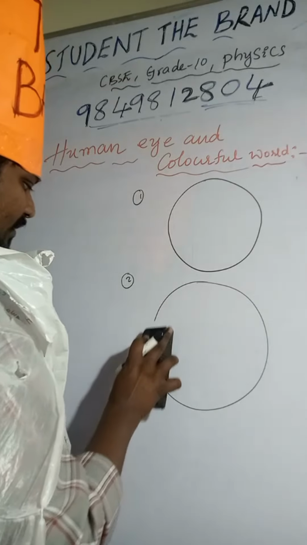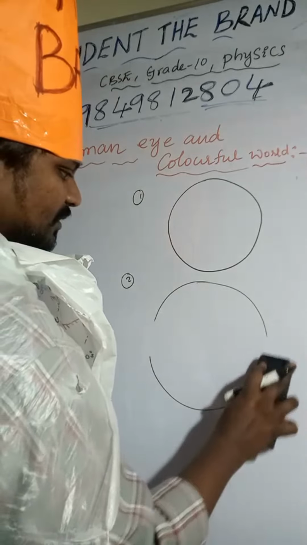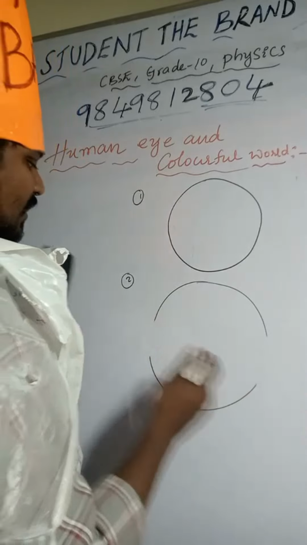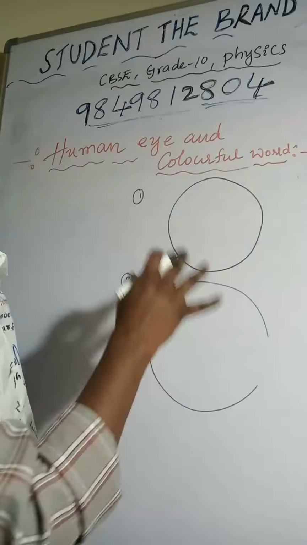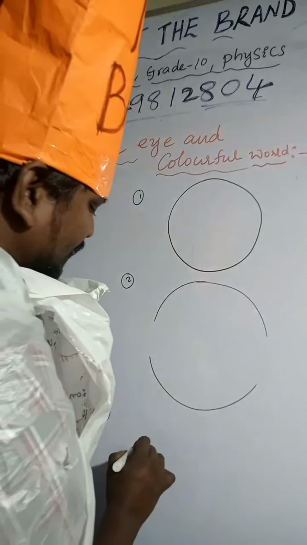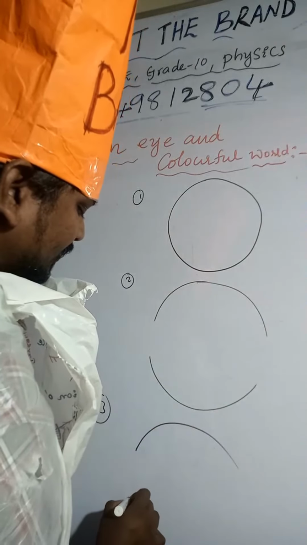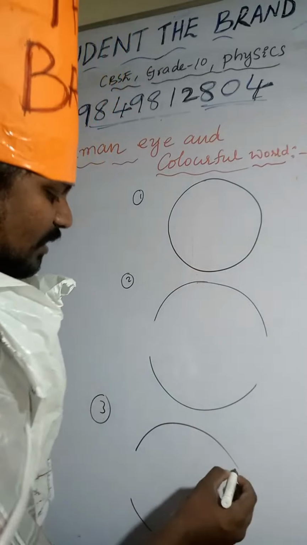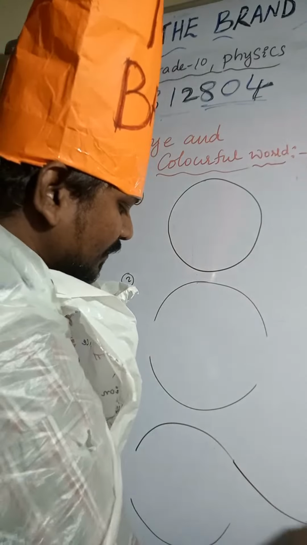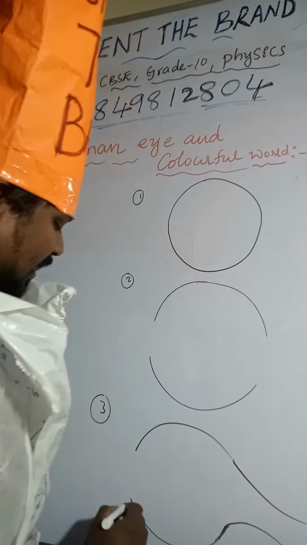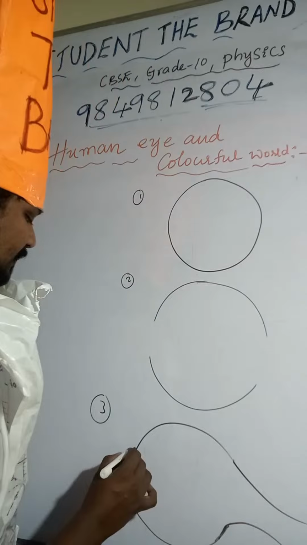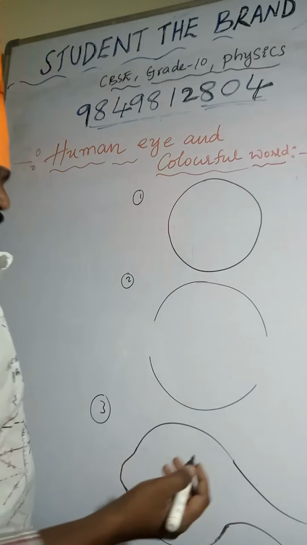You can rub this portion and this portion a little bit above. And third step, you can do all the steps in one place itself, on one diagram. So I am taking it like this, and this one curved portion. That's enough.